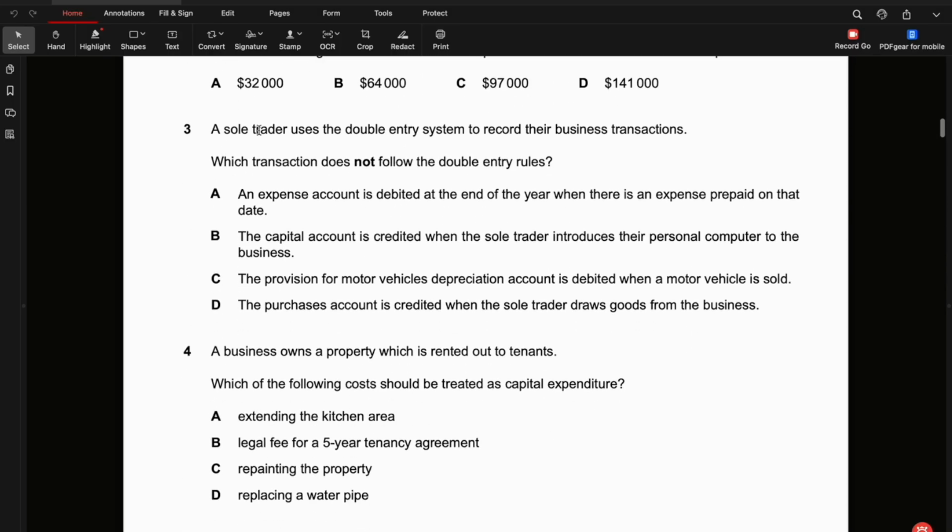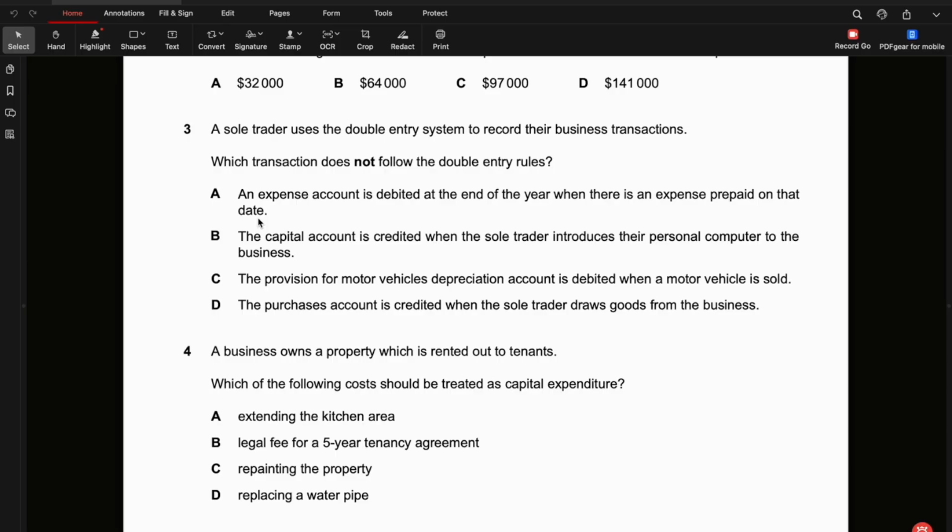Number 3. A sole trader used the double entry system to record their business transactions. Which transaction does not follow the double entry rule? So if you remember, double entry rule is one account needs to be recorded on the debit side and another one on the credit side. First one, it says an expense account is debited at the end of the year when there is an expense prepaid on that date.